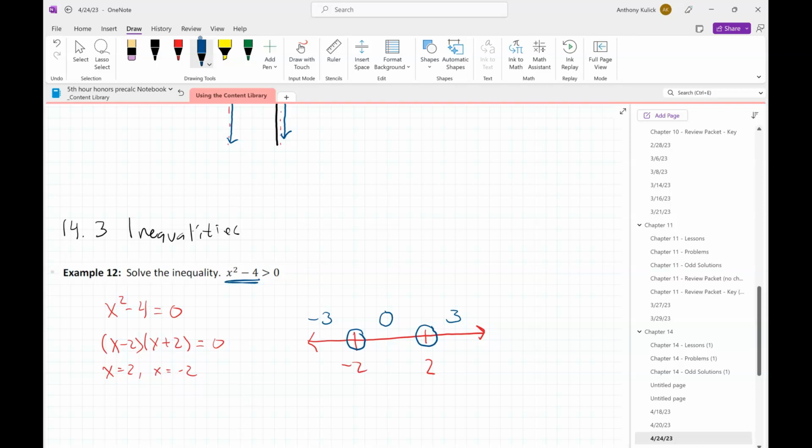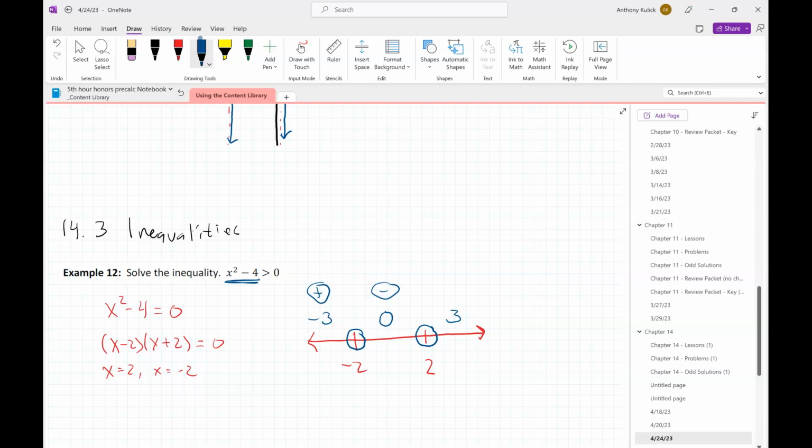In fact, I don't even really care what I get. I just really care whether it's positive or negative. So if I do -3 squared minus 4, I get a positive number, right? I get 5, but who cares what it is? I just care that it's positive. If I do 0 squared minus 4, what do I get? A negative. It's -4, but I just care that it's negative.